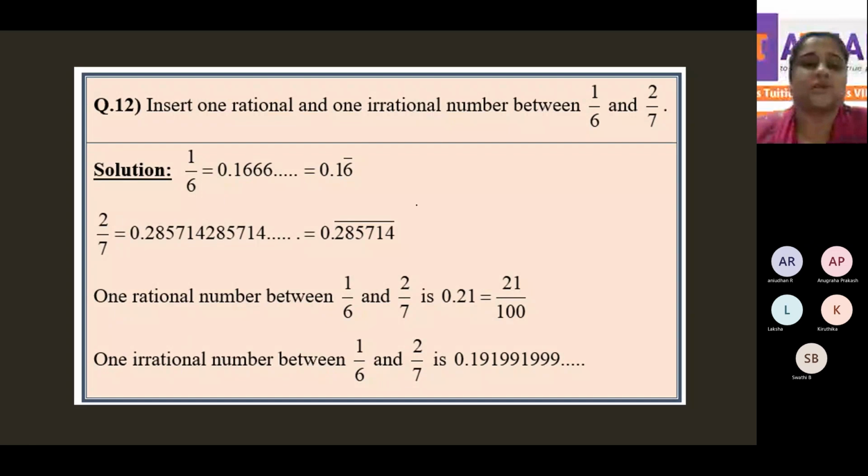If it's understood, I'll go to the next slide, children. One rational number: 0.17, 0.177, 0.1777, correct.